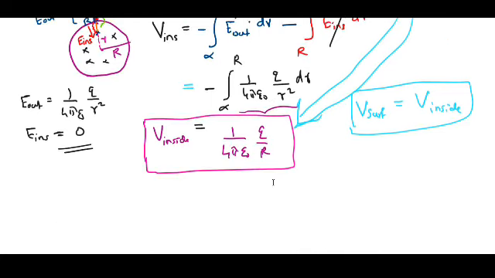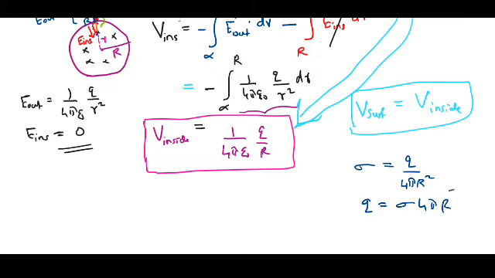If I want to write this expression in terms of the surface charge density sigma, then sigma is equal to the total charge contained on the spherical shell divided by 4 pi R square. Then Q is equal to sigma 4 pi R square, and I will get the same result that we obtained earlier.